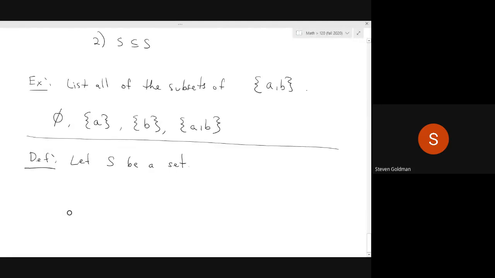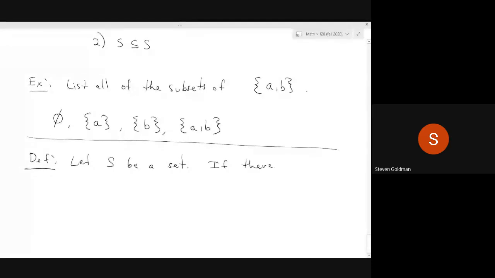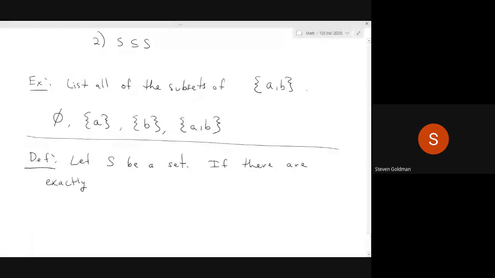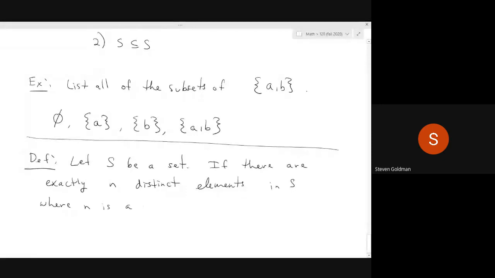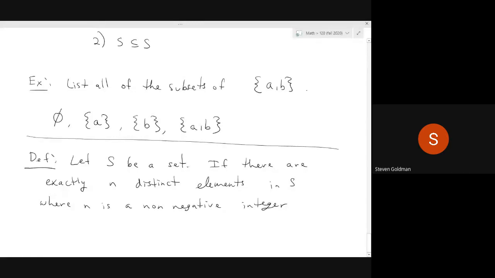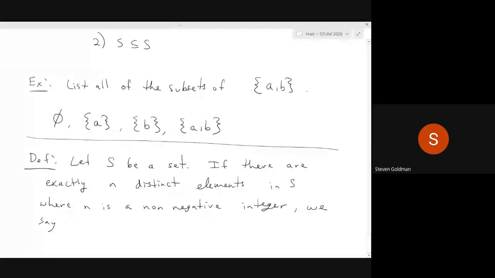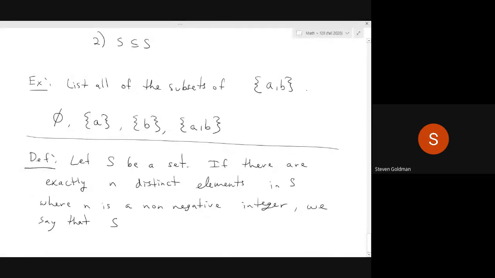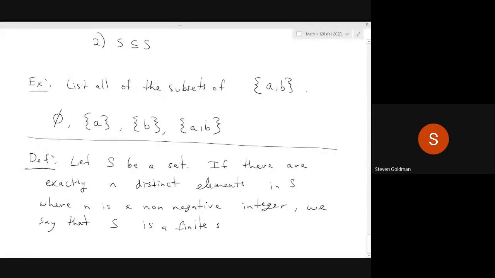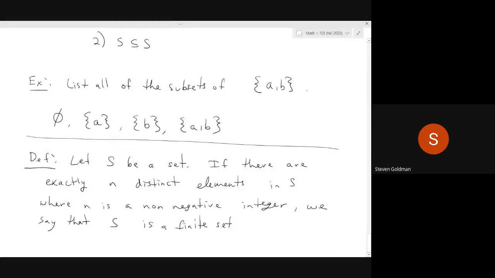If there are exactly n distinct elements in our set S, where n is a non-negative integer, we say that S is a finite set, and that n is the cardinality of S.